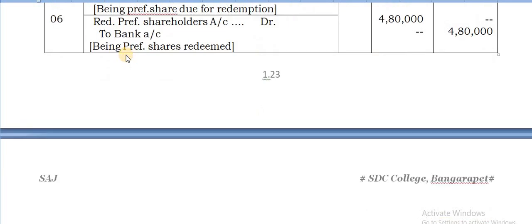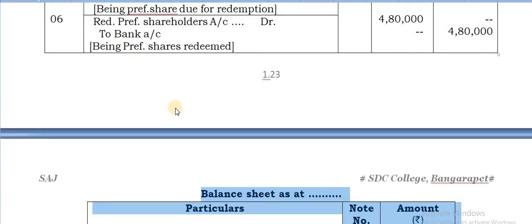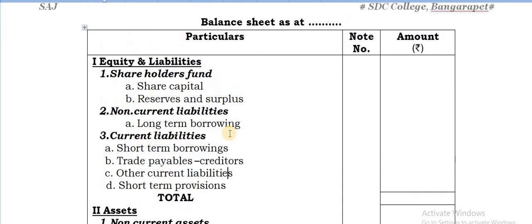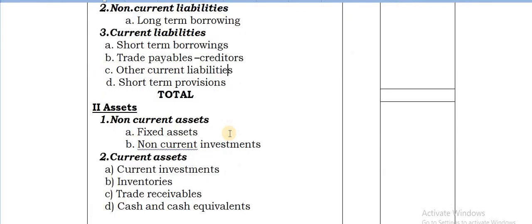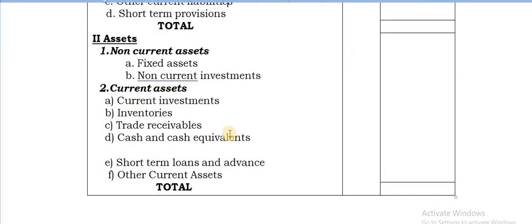So go for a balance sheet next. You can have the columns. Write the format. First you try completing this format. Then we should write the values. Already I've told you, under cash and cash equivalents, there will always be an adjustment. So you can leave around 1 line space.